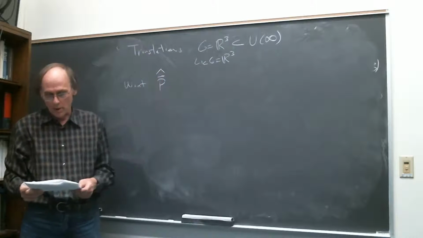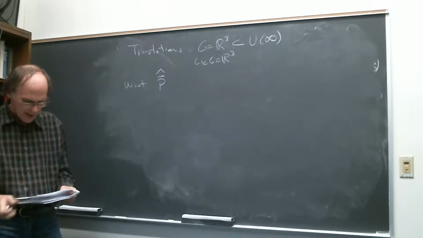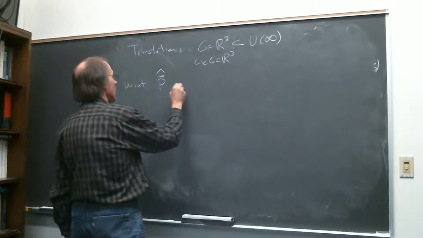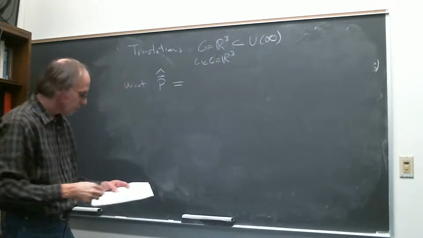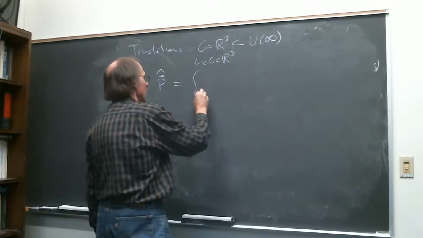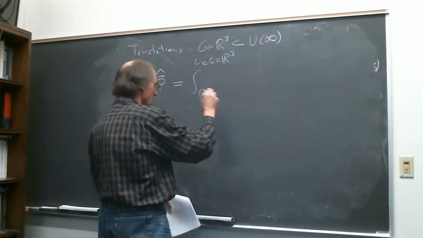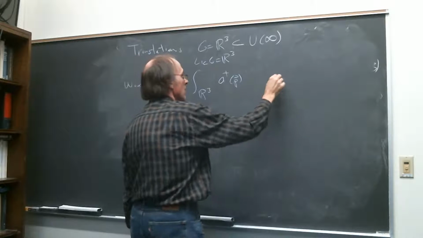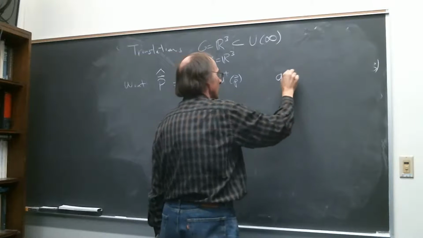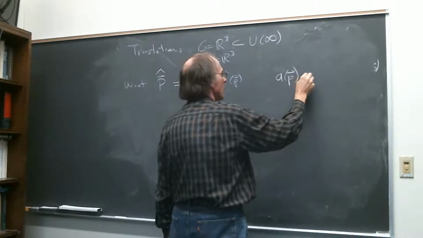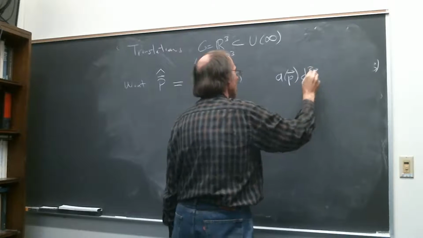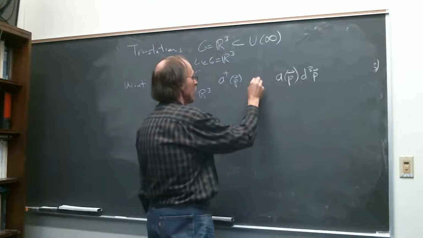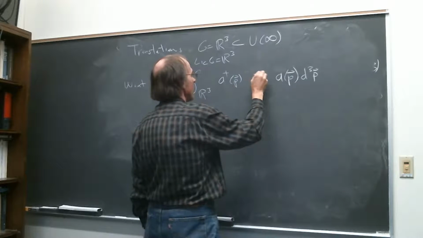It's got three components, and let me just write down the answer, and what it's going to be is the integral d cubed P vector, A dagger of P vector, A of P vector, and then P vector. And then it's just diagonal in the P vector. And as you would expect, the only possible thing this can be is P vector, right?